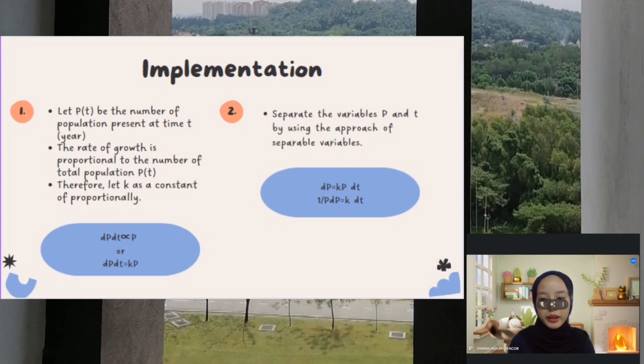So I will be explaining how we calculate the general solution and particular solution. First, we let P(t) be the number of population present at time t in years. Since the rate of growth is proportional to the total population, we can let k be a constant. Then we separate the variables P and t using the approach of separable variables, and the equation will be 1/P dP = k dt.